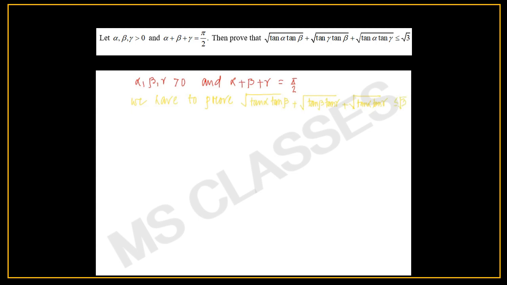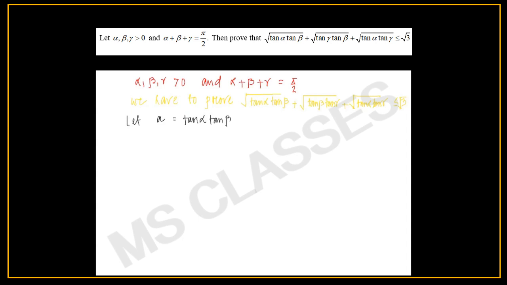So first of all, what you observe, two things are very important here. The given expression has irrational terms: this is an irrational term, this is an irrational term, this is an irrational term, and this is a perfect square. So in order to simplify this, at first we let A equal tan alpha tan beta.